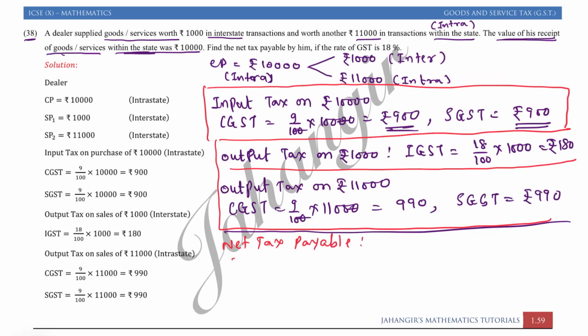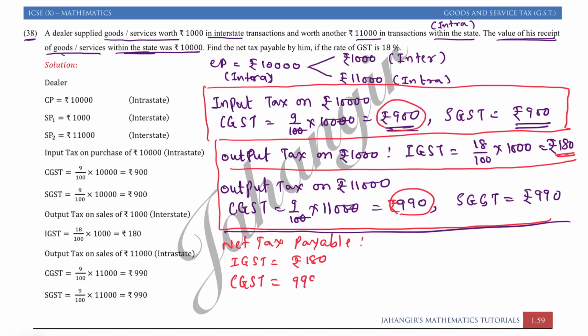So first we will write IGST, because in IGST there was no ITC, there was no credit, so IGST we have to pay as rupees 180. Then CGST. In CGST we have to pay output as 990, but input we had already paid rupees 900.